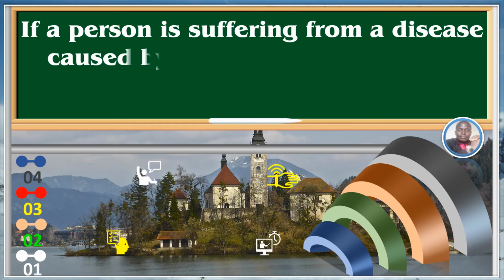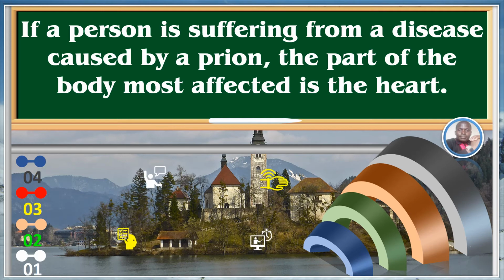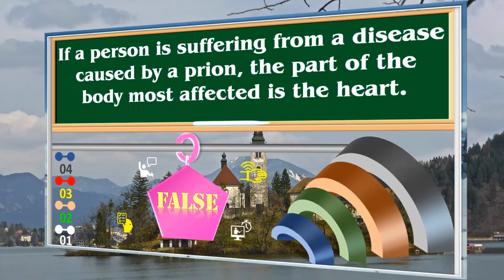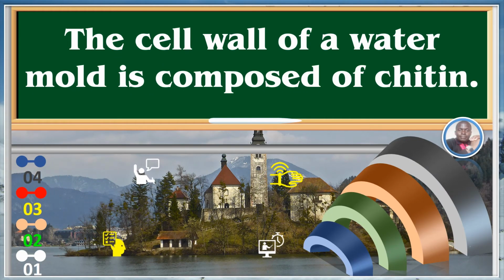If a person is suffering from a disease caused by a prion, the part of the body most affected is the heart. False. The cell wall of a water mould is composed of chitin.